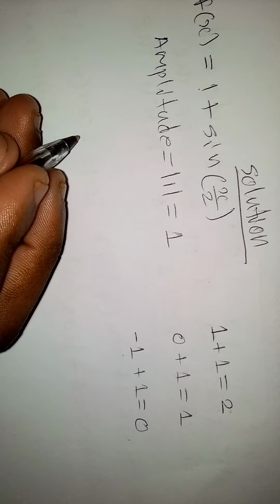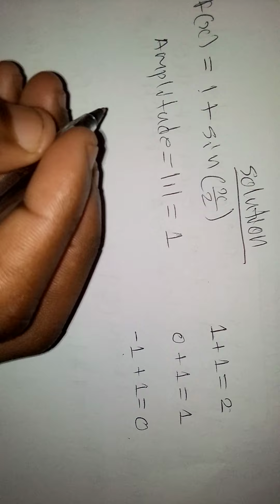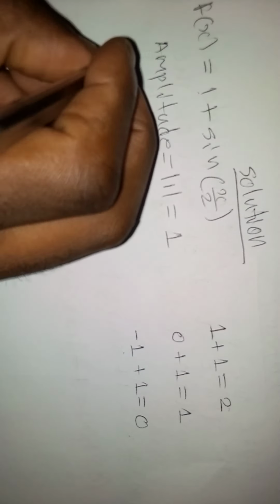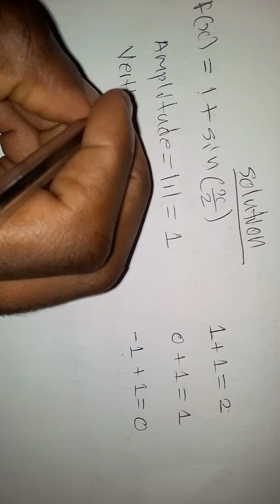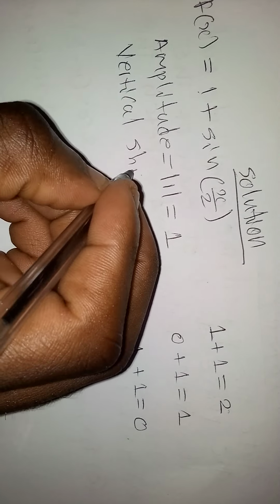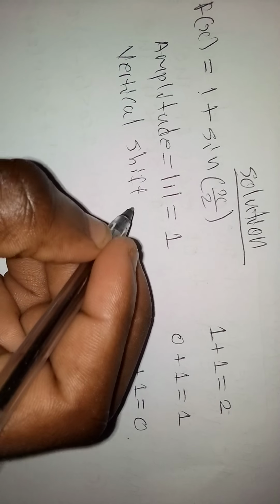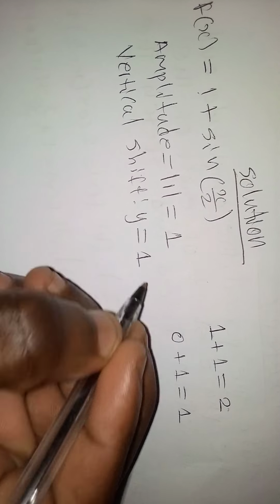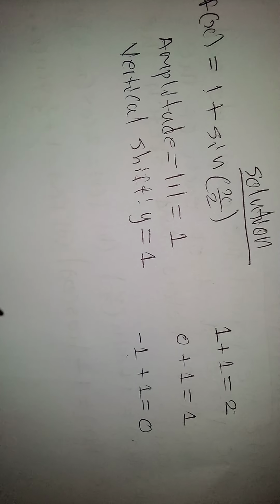Okay, then we can compute the period. The vertical shift is y equal to 1 on the y-axis.